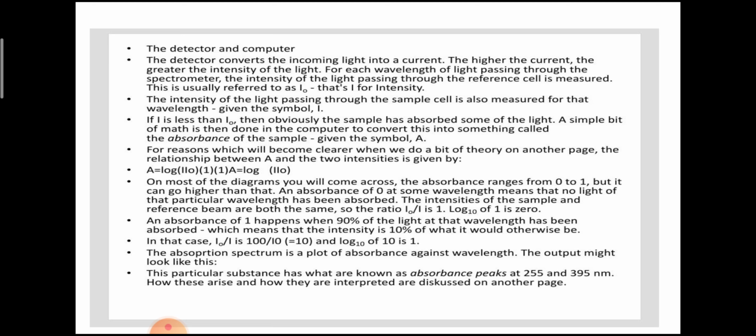A simple bit of math is then done in the computer to convert this into something called the absorbance of the sample, given the symbol A. For reasons which will become clearer when we do a bit of theory on another page, the relationship between A and the two intensities is given by A is equal to log10 of I0 by I. An absorbance of 1 happens when 90% of the light at that wavelength has been absorbed, which means that the intensity is 10% of what it would otherwise be.